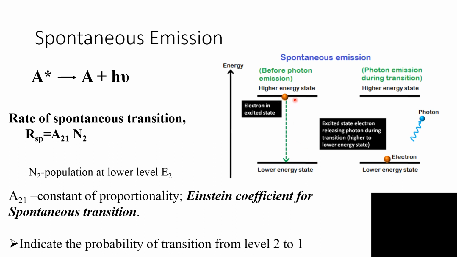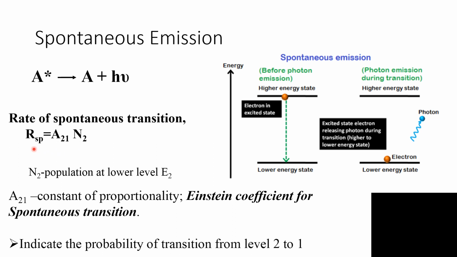In absorption, we saw that the rate depended on the intensity of the incident photon. But in spontaneous emission, no photon comes in during the emission, so it does not depend on the intensity of incident photon. It only depends on the population of the upper energy level. So we have this equation. I think it is clear to you. If you feel difficulty, you can contact me.